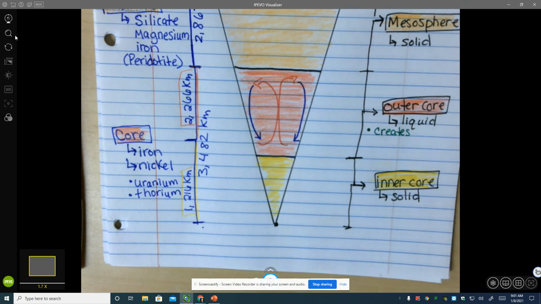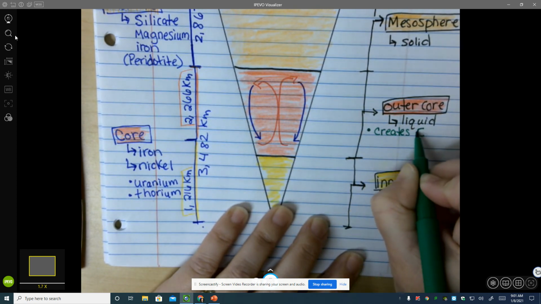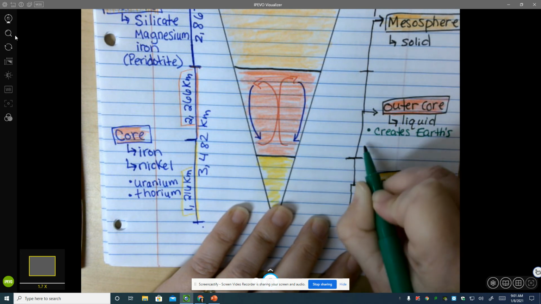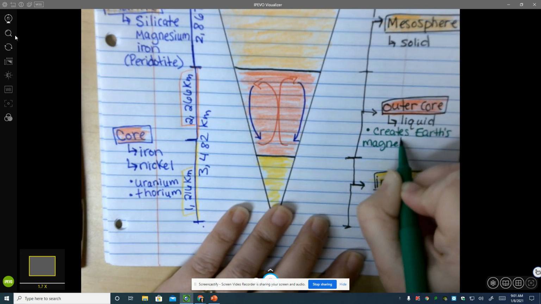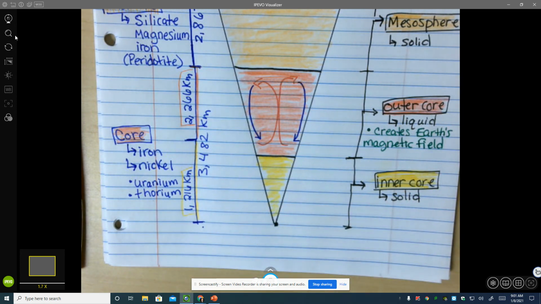It created the Earth's magnetic field. That's why we have a North Pole and a South Pole. If you're going out with a compass and you walk around, it's going to point where the magnetic field is pointing north, based on the movements in our outer core and inner core.